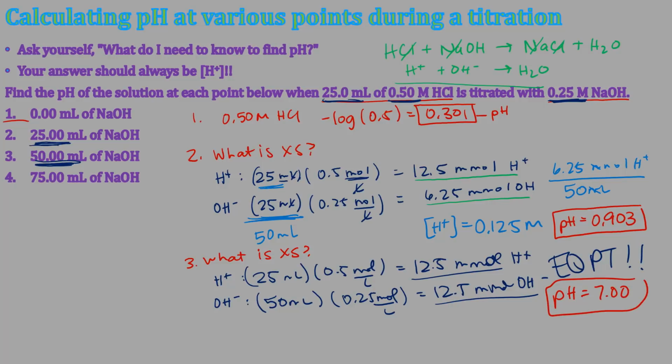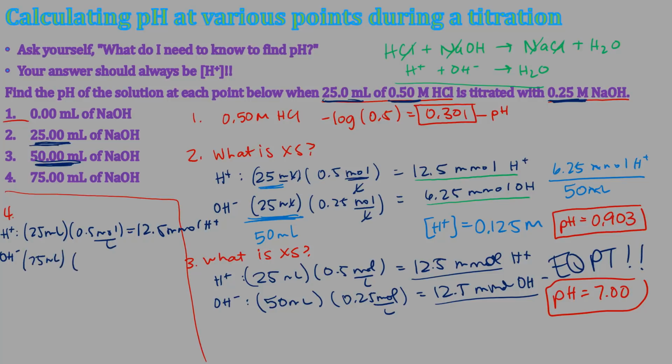And then my fourth one, I'm going to do over here. I'm going to try to squeeze it over here. All right, my H is still going to be the same, and I get 12.5 millimoles of H. And then my OH, I add 75 milliliters of 0.25, and that gives me 18.75 millimoles of OH.